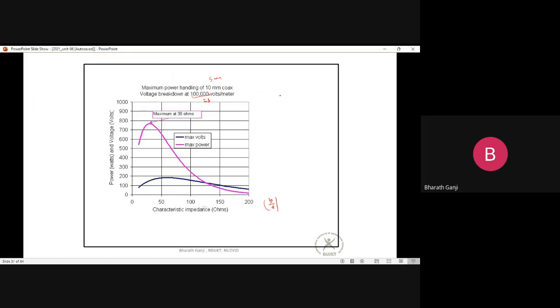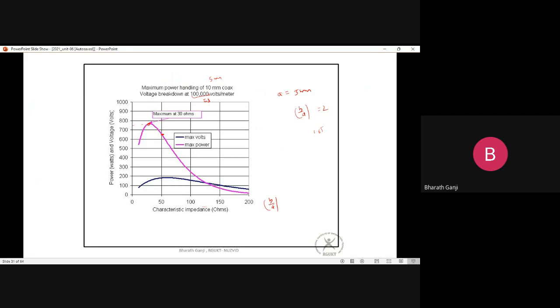So what I have done here is I have taken a value of 5 mm, and I'm changing the B by A value. At some point, around 1.65 or so, I get the peak. There I get maximum power handling capability. So basically you can see at 50 ohm it is not the maximum one, but it is okay compared to the other cases.